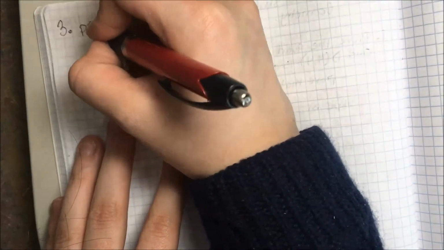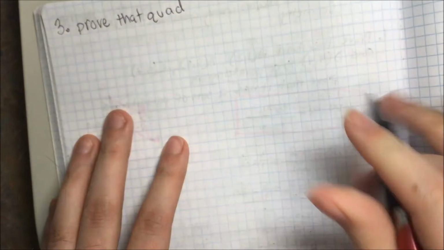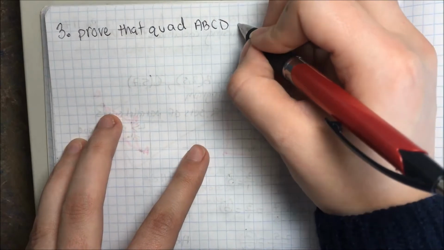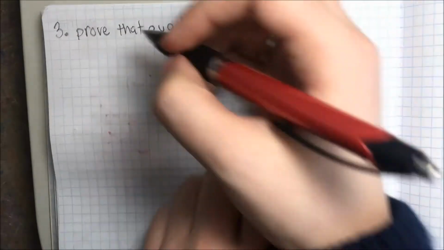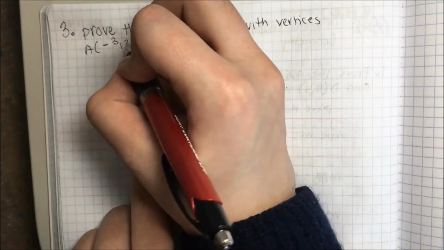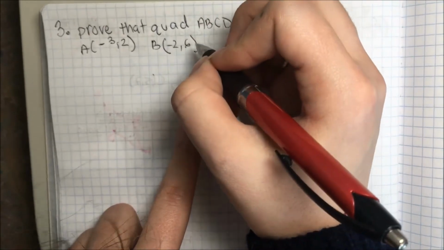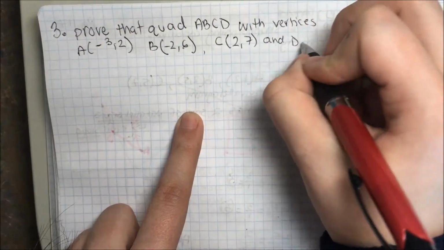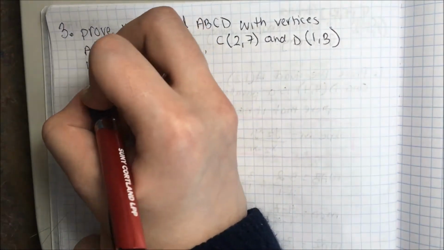This example is to prove that quadrilateral ABCD with vertices A (negative 3, 2), B (negative 2, 6), C (2, 7), and D (1, 3) is a rhombus.